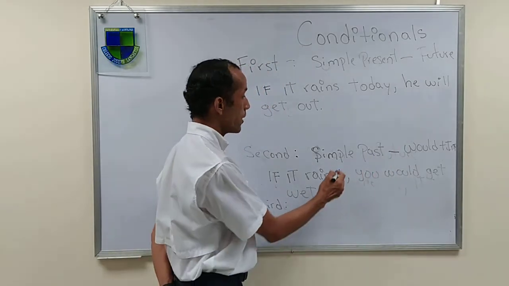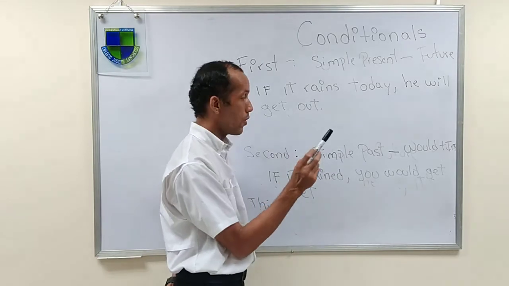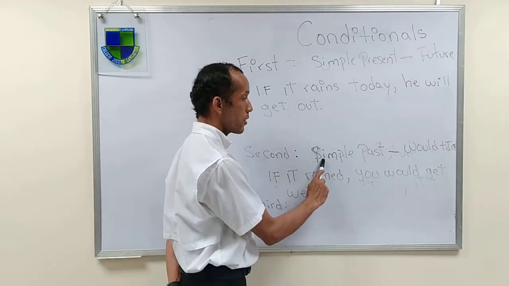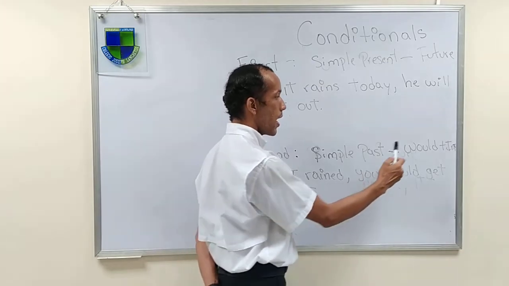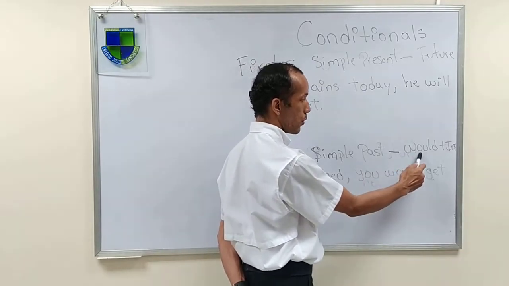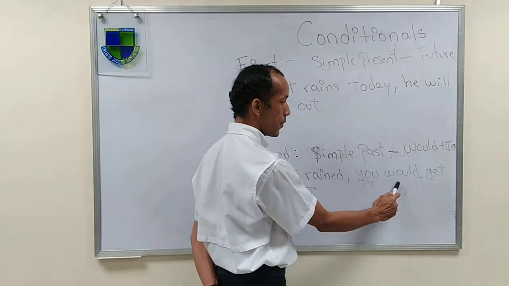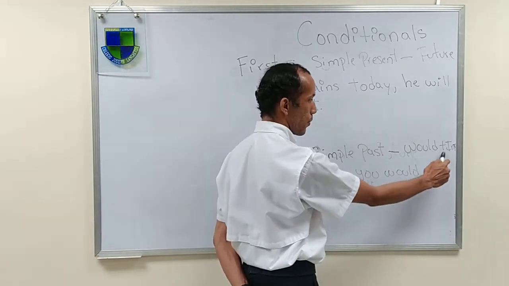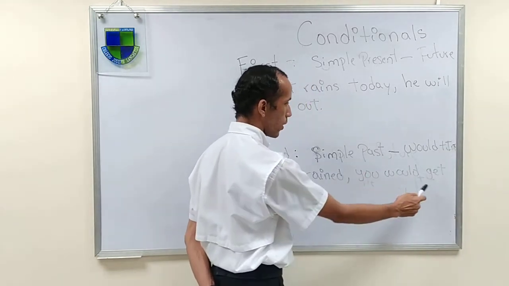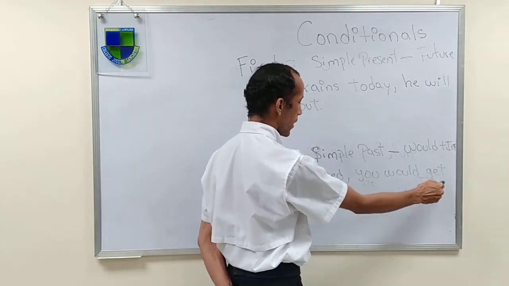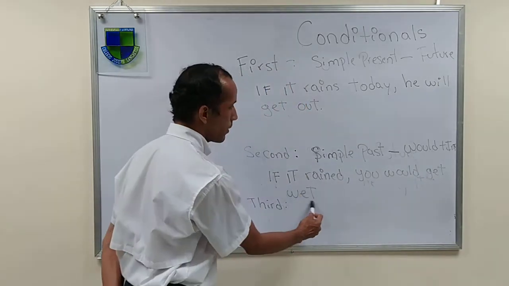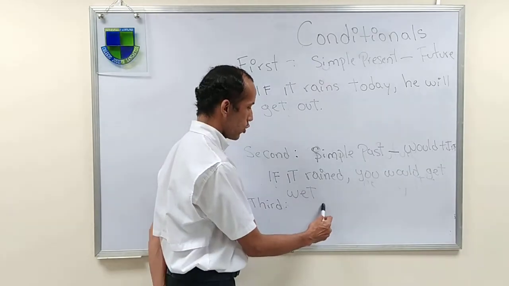But we follow a simple past. Be careful with that. Second conditional: simple past and the modal would, plus the information. Would get, and the rest of the information.